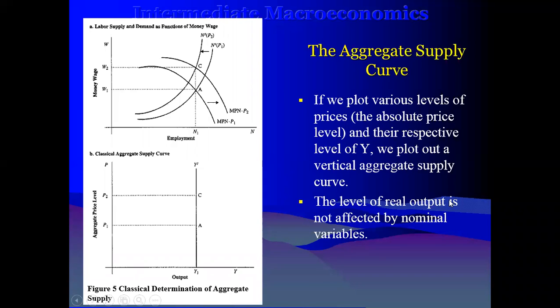The level of real output is not affected by the nominal variables. Price is a nominal variable, so even if it changes, it cannot affect the output level. So real output can only be affected by real variables.